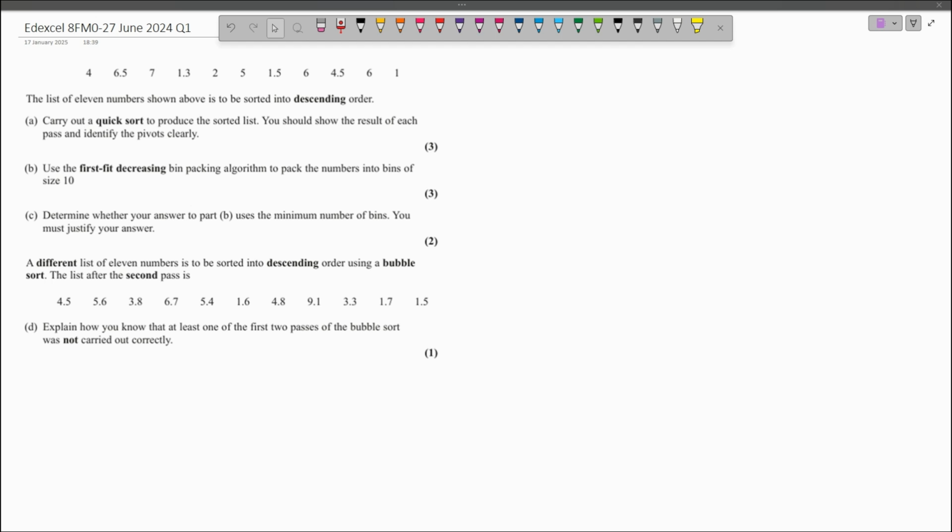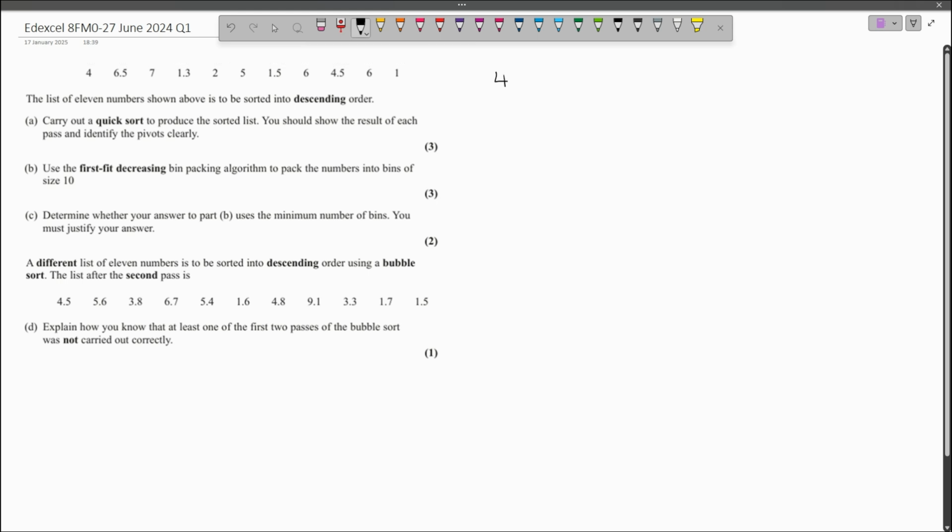So when carrying out a quick sort, we need to choose pivots, and those pivots need to be the middle, or if there's no middle because of an even number of items, a middle right. So let's do this quick sort really quickly.